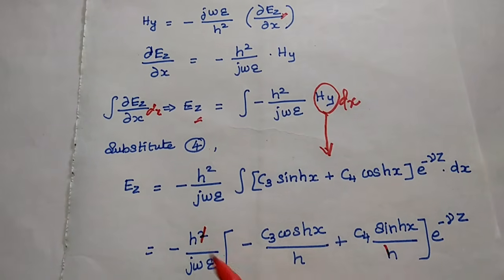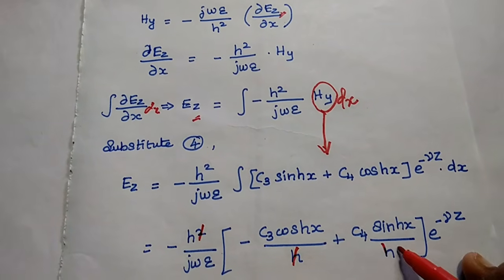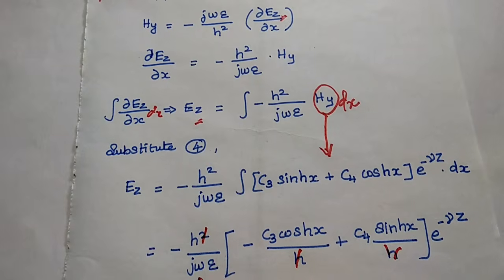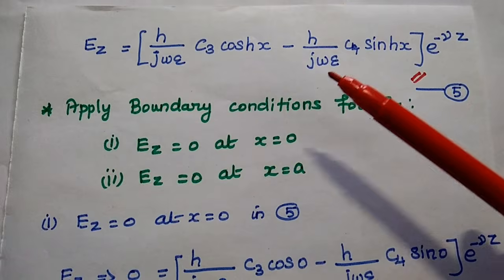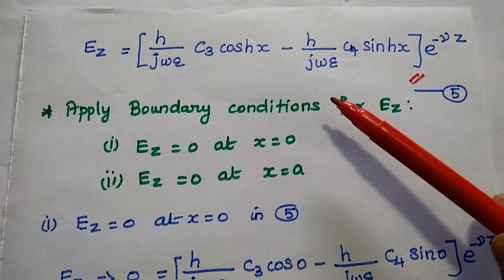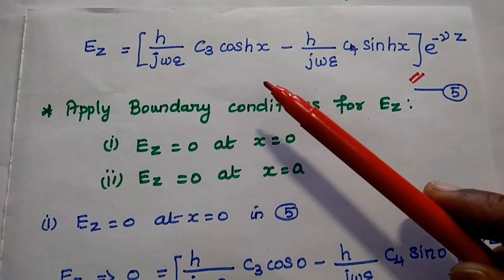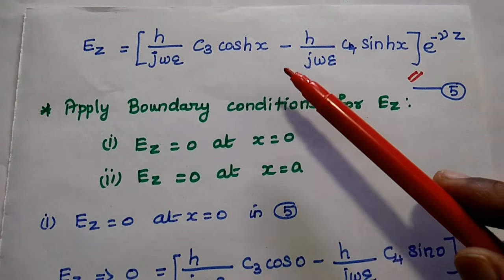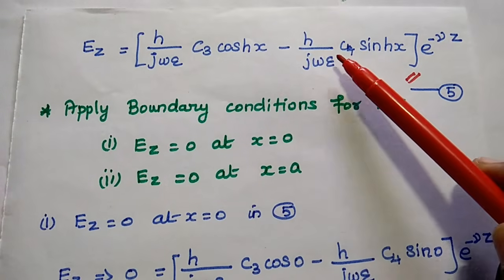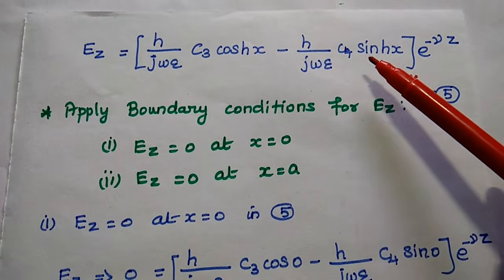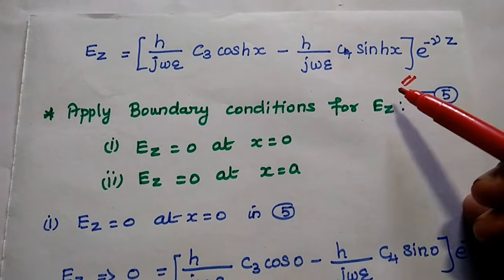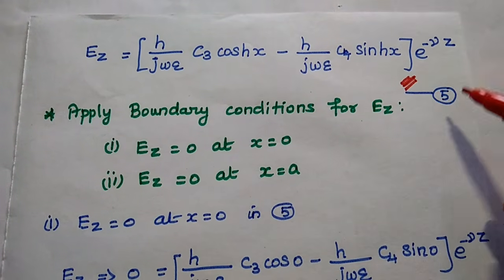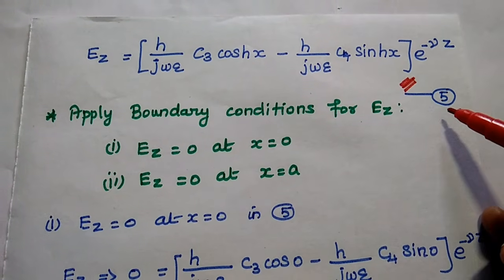The next step, we can simplify this term and then multiply this minus j omega epsilon inside this bracket. Then we can get Ez value as plus h by j omega epsilon C3 cos hx minus h by j omega epsilon C4 sin hx e power minus gamma z. So this is a very important equation. Consider this as the fifth equation.